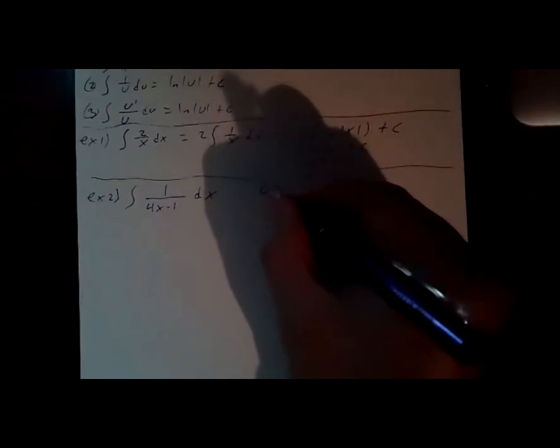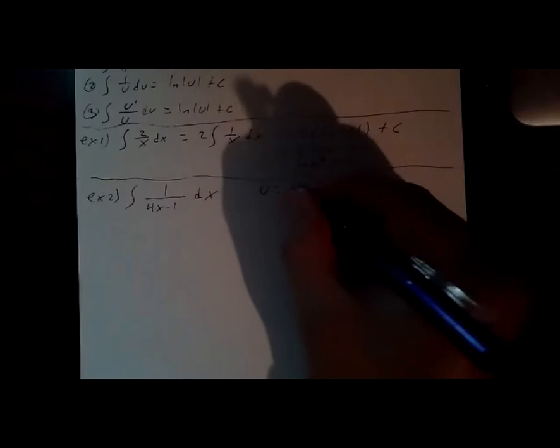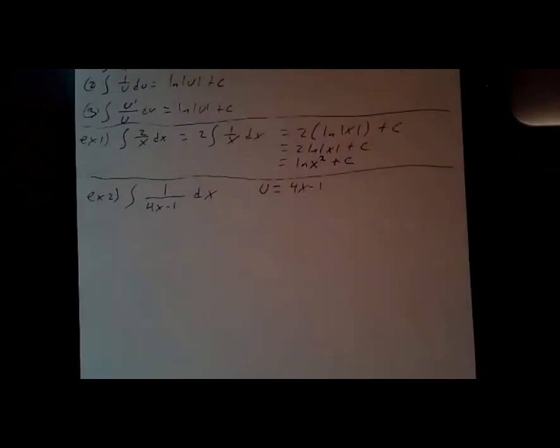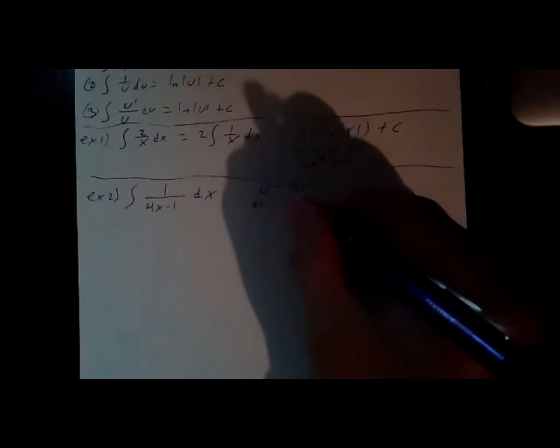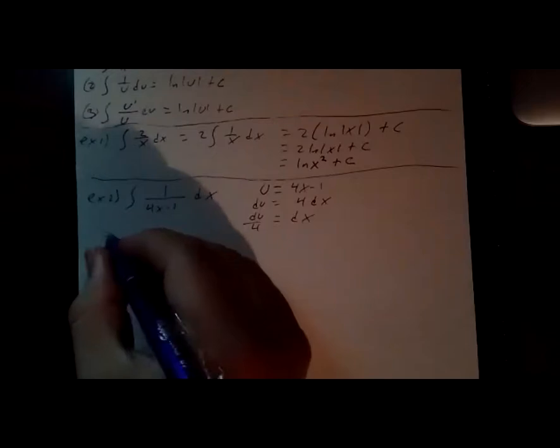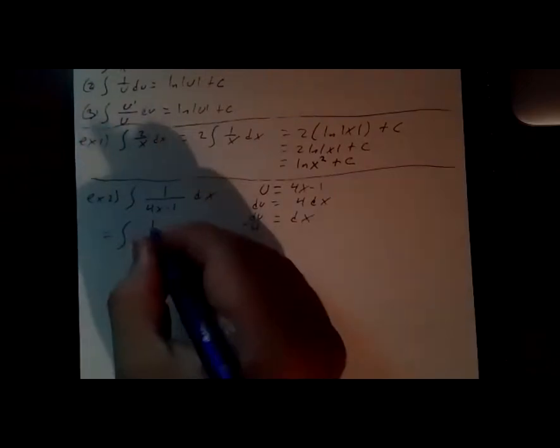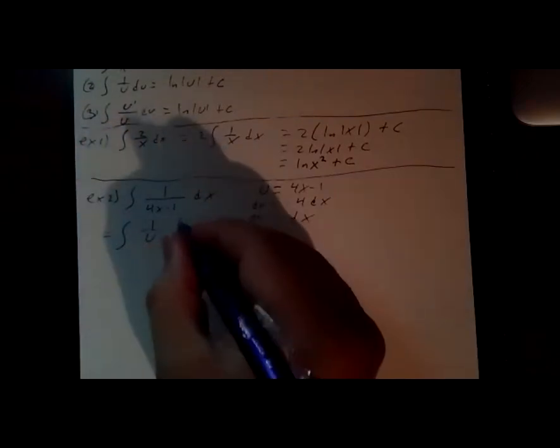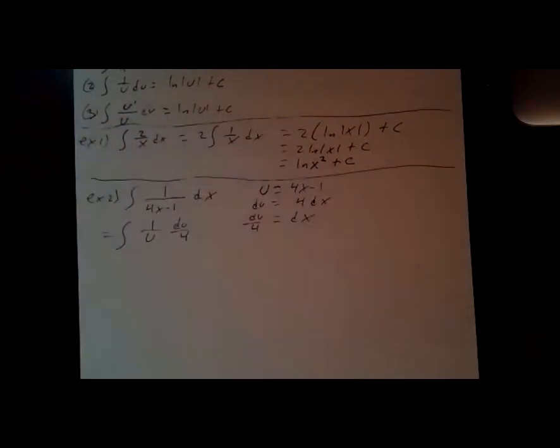So let u equal 4x minus 1. Du will be 4 dx. There is no 4 in the question, so divide it out. So now I will have the integral of 1 over u du over 4 using our substitution.